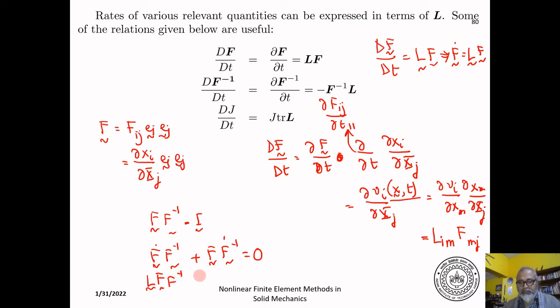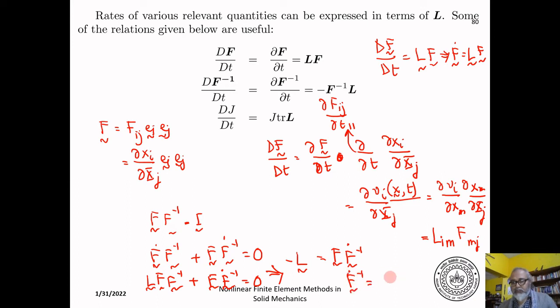So LF F inverse plus F F inverse dot is equal to 0, which implies that F inverse dot is equal to minus F inverse L. So this proves this relation. So F inverse dot is equal to minus F inverse into L.